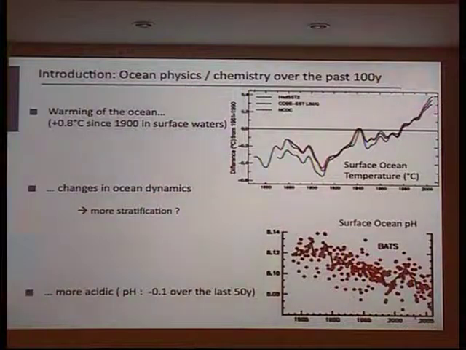And we have direct measurements of ocean pH from the beginning of the 80s to today, and you clearly see, despite this strong variability, this decreasing pH of the ocean surface waters as recorded at BATS. Over the last 50 years, the ocean has lost maybe 0.1 pH units. And of course, this is due to the fact that the ocean is absorbing part of the anthropogenic CO2. So those are two big changes here on the ocean surface: warming and acidification.